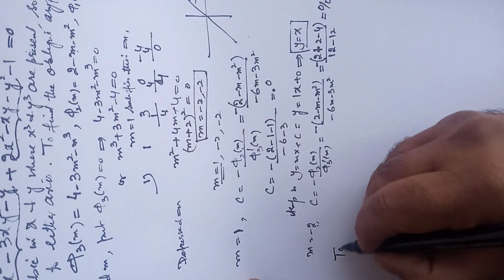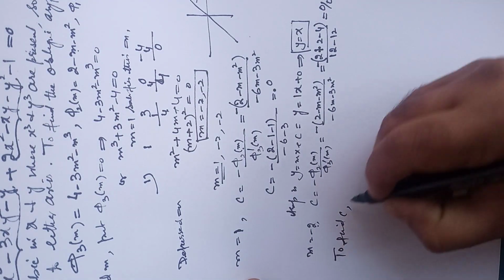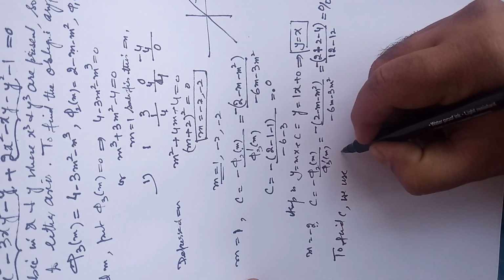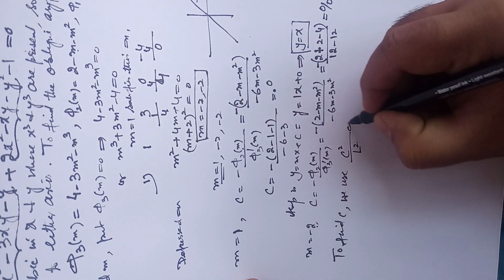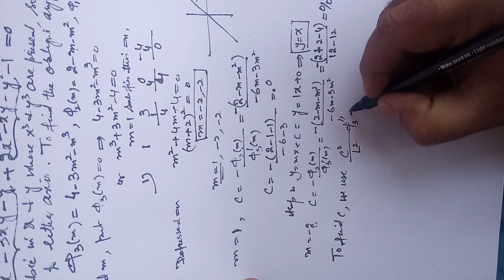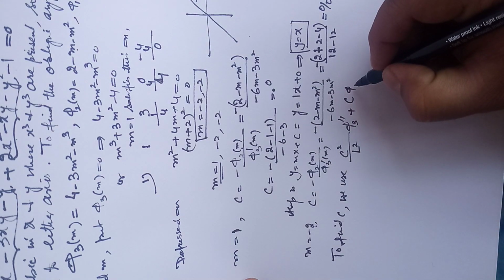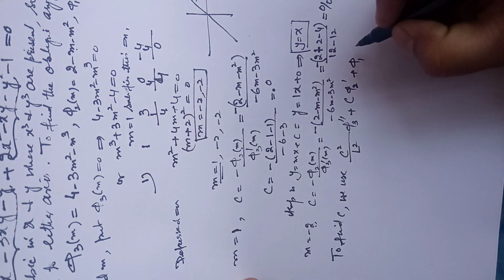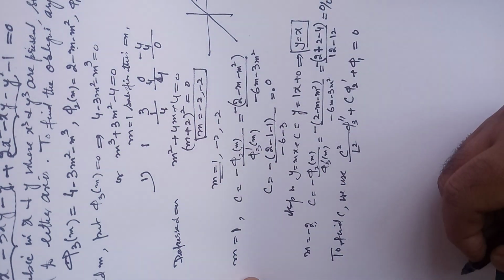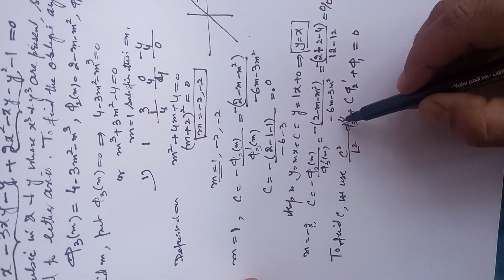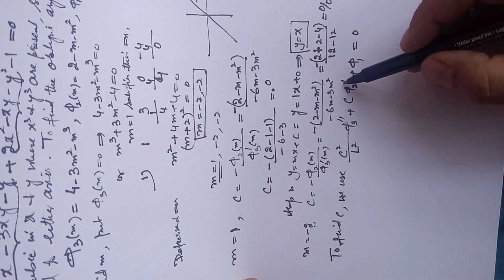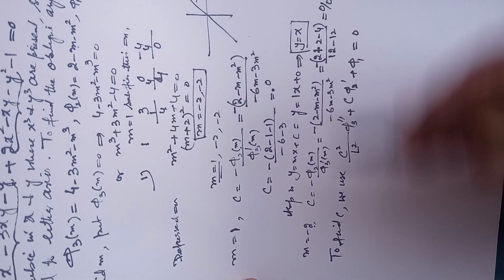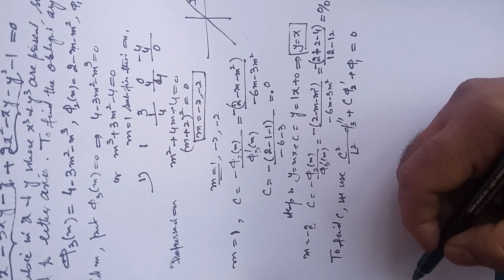Now to find c, we use c square by factorial 2 phi 3 double dash plus c phi 2 dash plus phi 1 equal to 0. This is actually phi n double dash, phi n minus 1 dash, phi n minus 2. This I have already written in previous notes.